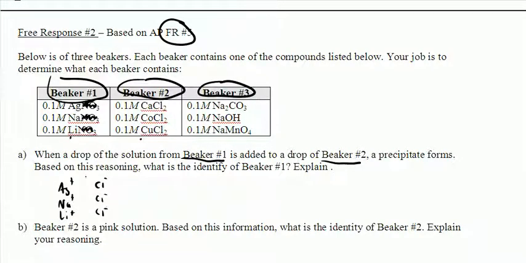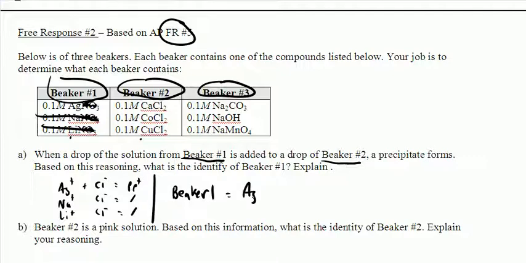And in beaker 2, they're all chlorides. So when Ag+ is with Cl-, we get a precipitate. When Na+ is with Cl-, we get no precipitate, and when Li+ is with Cl-, we get no precipitate. So beaker 1 must be AgNO3. Okay, they want you to explain.